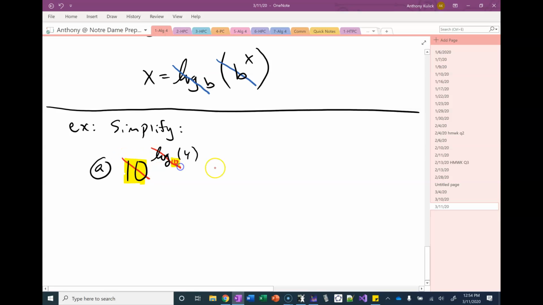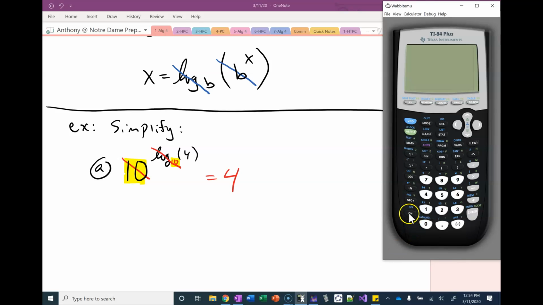They cancel, and I'm left with just 4. Let's just check that on our calculator to see that it worked the way that we thought. So if I do 10 to the log of 4, I get exactly that. I get 4.